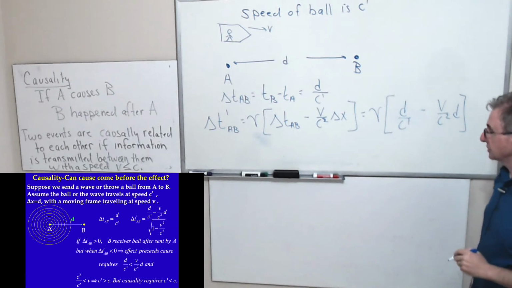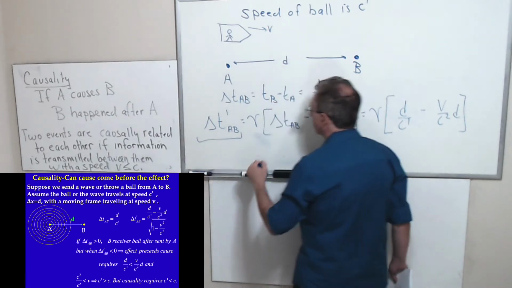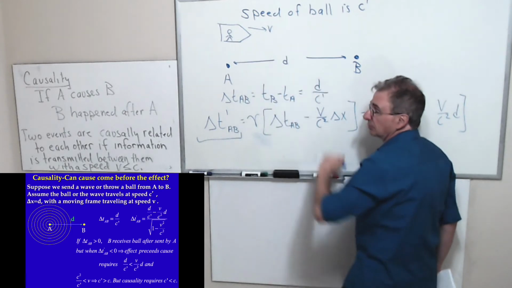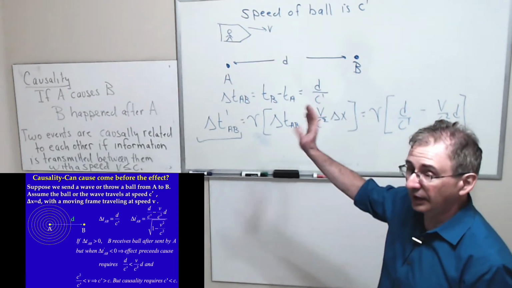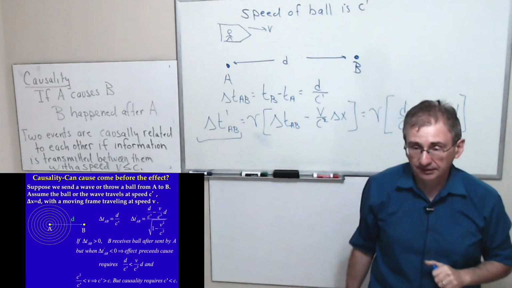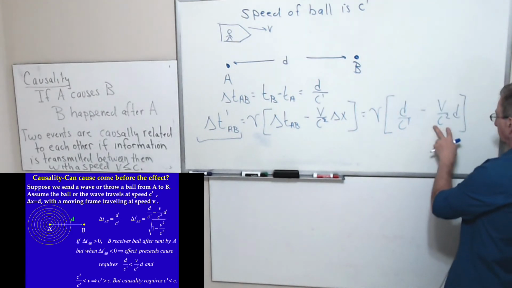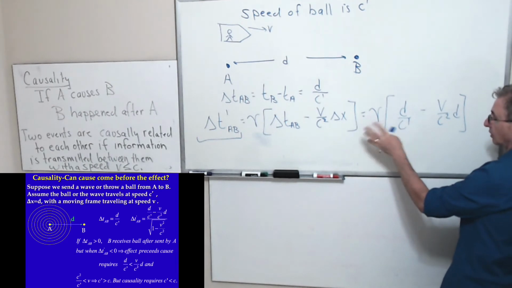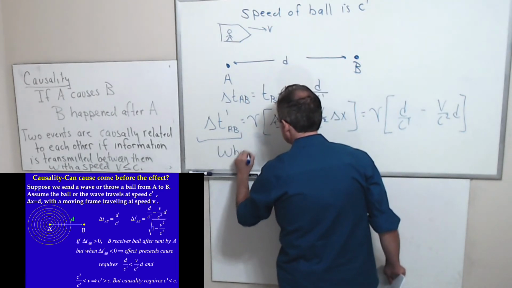So the question is, is it possible for this person to observe B happen before A? What would it mean if event B happened before A according to this observer? That would mean that the term on the right here has to be greater than the term on the left.